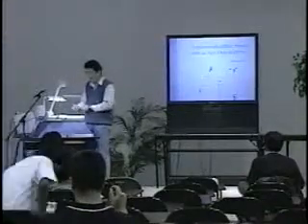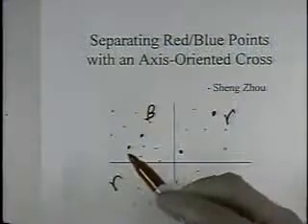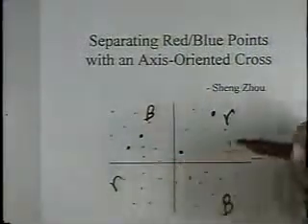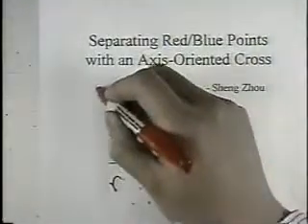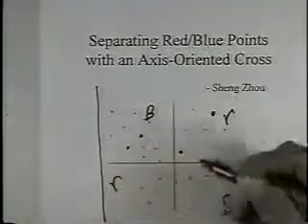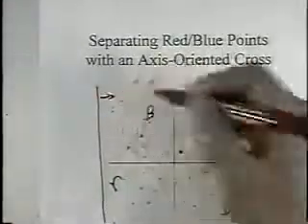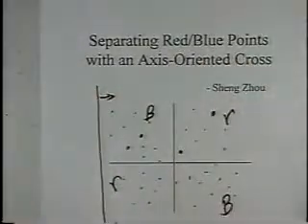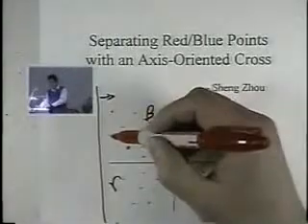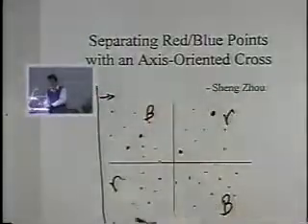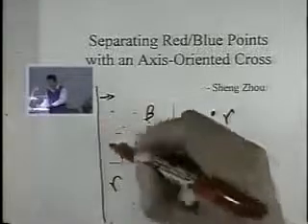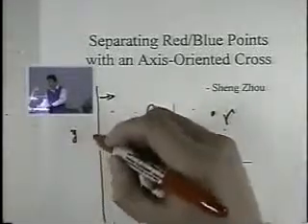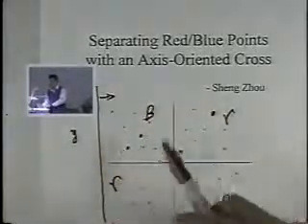First, we give every point an x coordinate and a y coordinate. So we set a line here. We move this line across the plane. When we meet some points, we remember the y coordinate and the color.